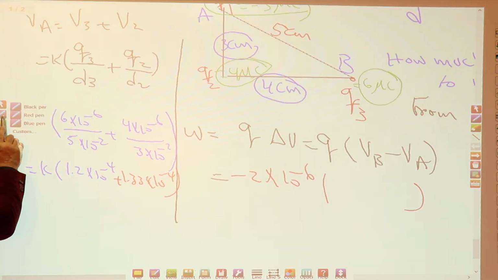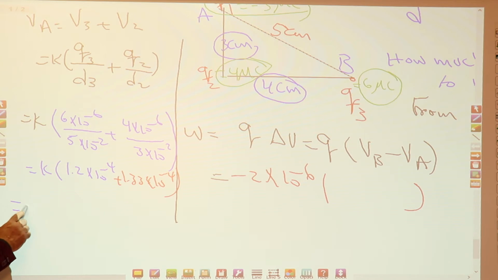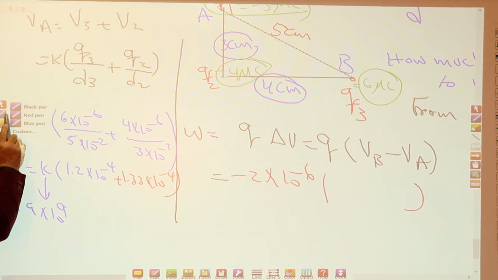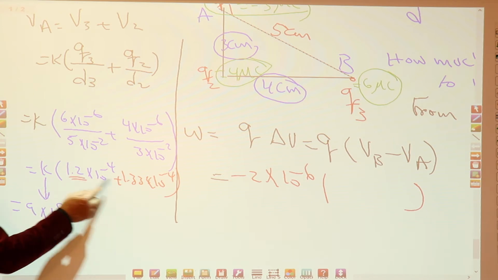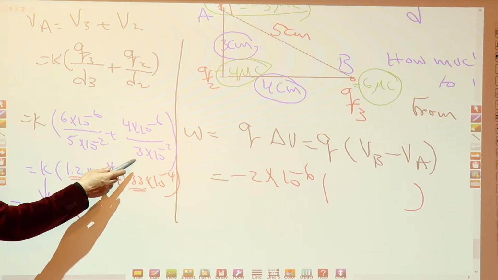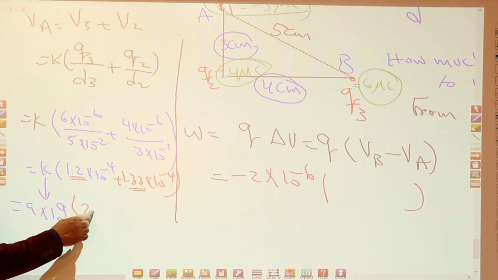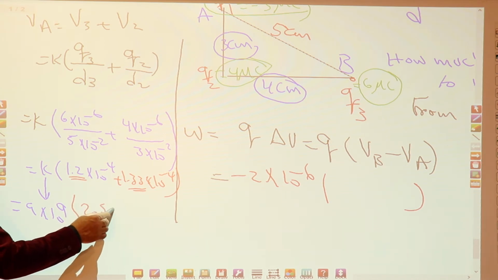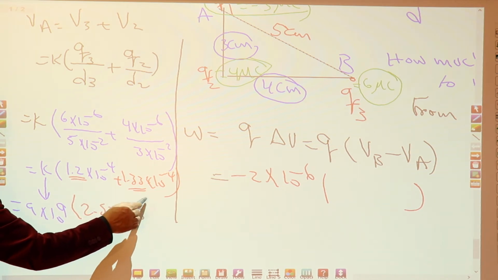Now, this guy is 9 times 10 to the 9, the K. And these two guys, 1.2 and 1.33, which is a repeated decimal, sum to 2.53 times 10 to the negative 4.